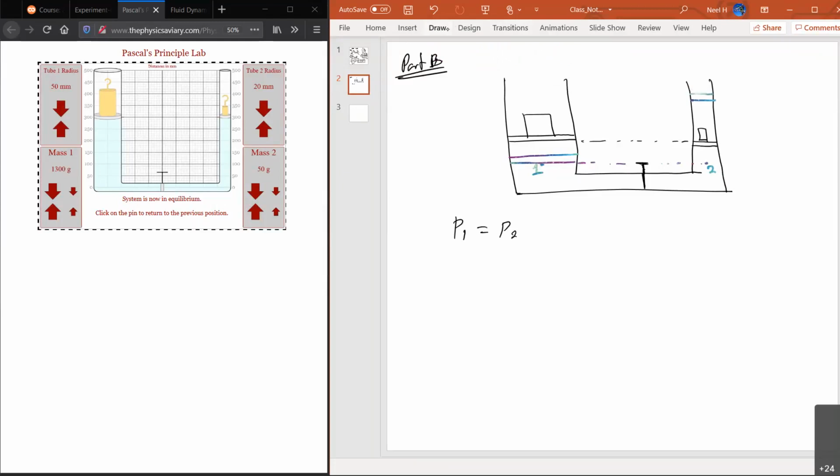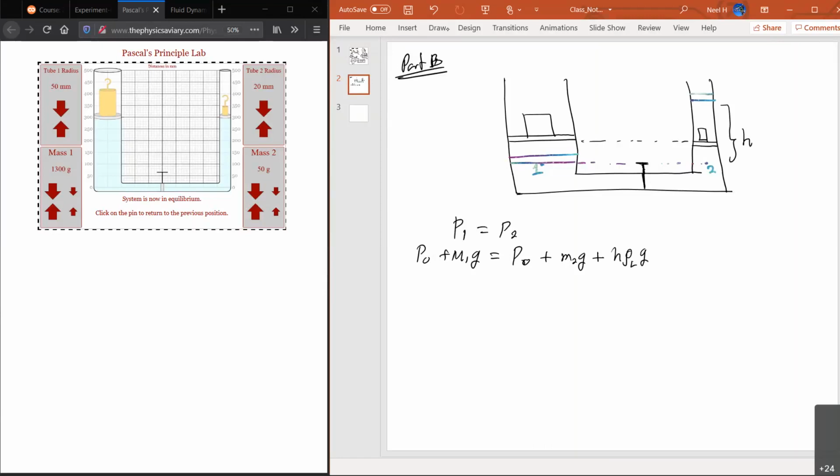Pressure at point 1 is the mass on cylinder number 1 times gravity, the total weight acting there. You can add atmospheric pressure if you want to, which will cancel out on both sides. Pressure on the other side is the mass on the other side times gravity, plus the weight from the water column, right? That is this height h. So h times rho of the liquid times g.